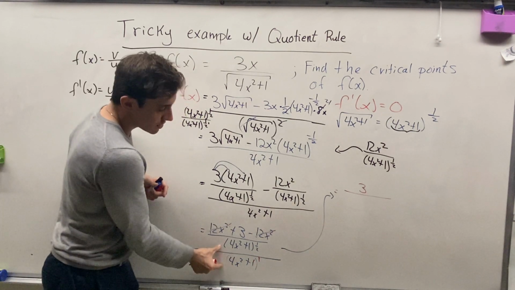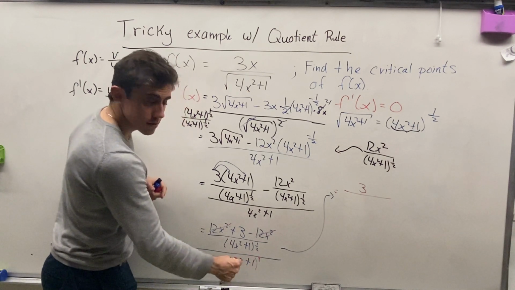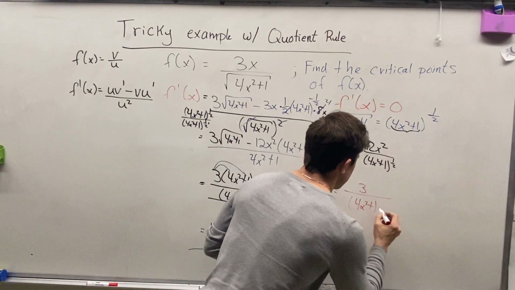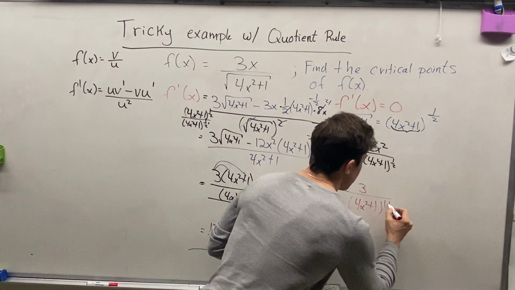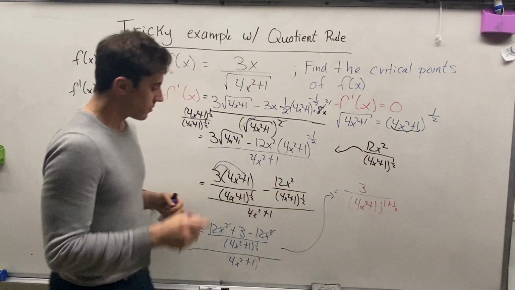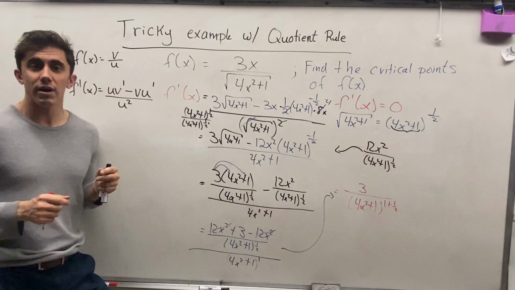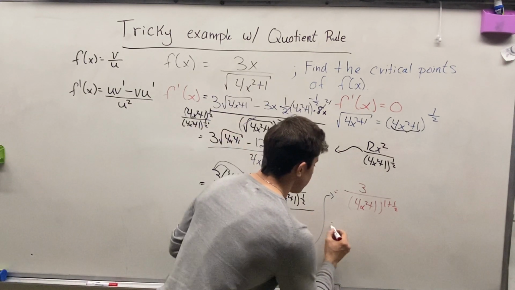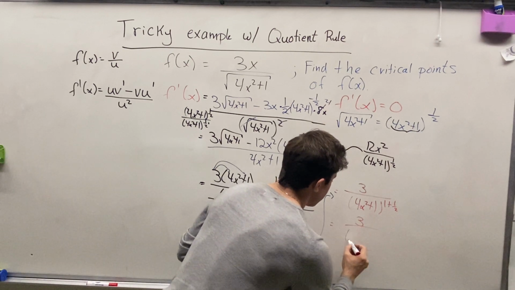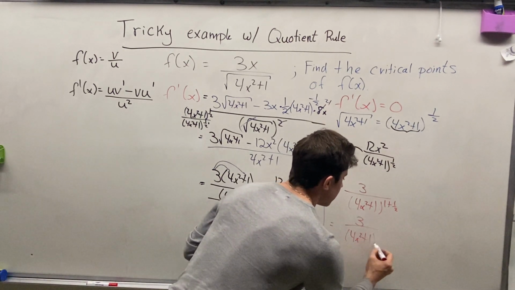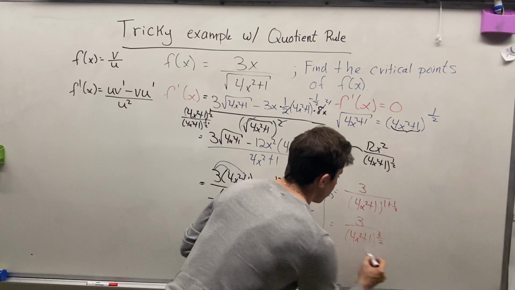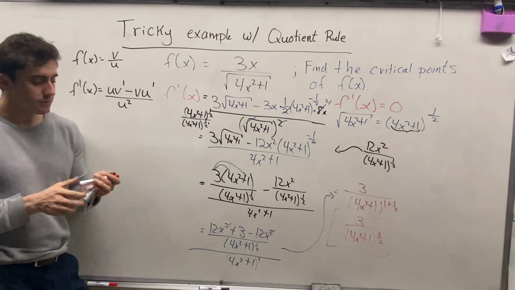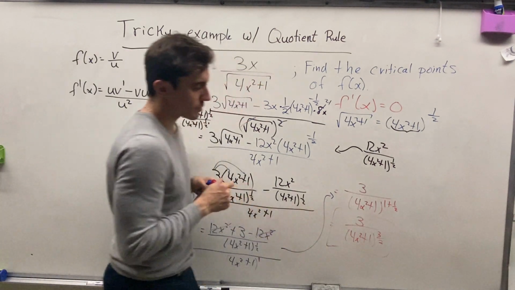So if we combine these two denominators, we're going to have 4x squared plus 1 to the power of 1 plus 1/2. And so if we finish it off, we obtain 3 over 4x squared plus 1 to the power of 3 over 2. So here is our f prime of x expression: 3 over 4x squared plus 1 to the power of 3 over 2.